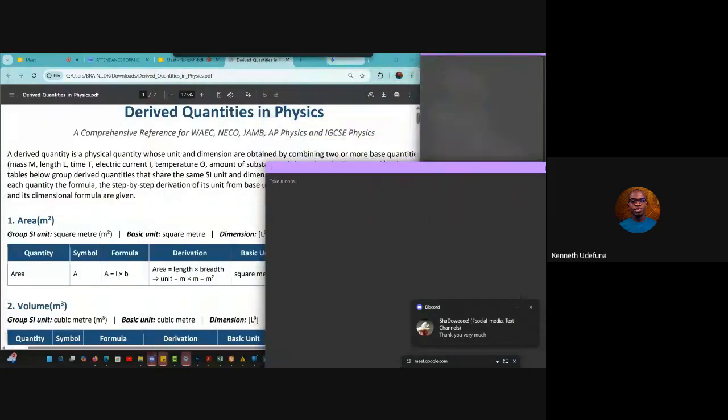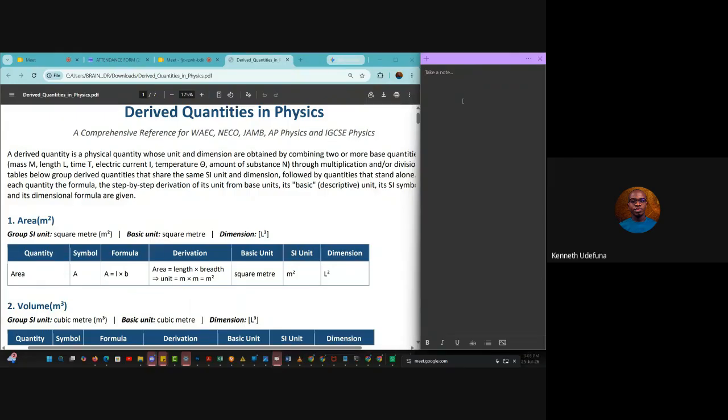The 7 quantities are, first of all, mass. Number 2, length. These are called fundamental quantities, remember. 3, time. 4, electric current.